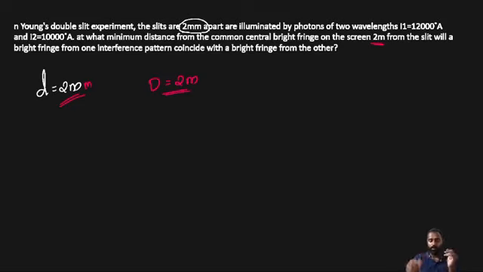Okay, here, at some point, I'm taking any point, a bright fringe from the first light source is coinciding with a bright fringe of the second light source.